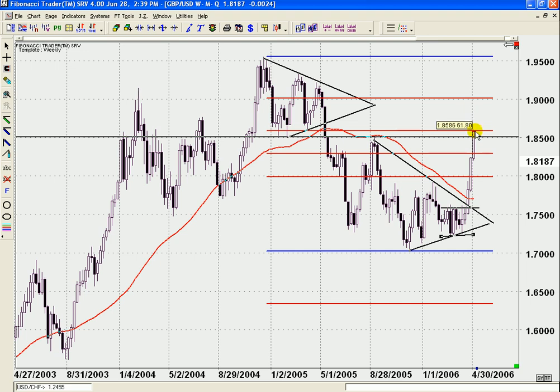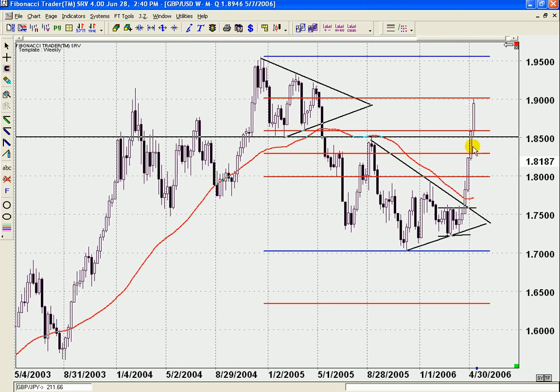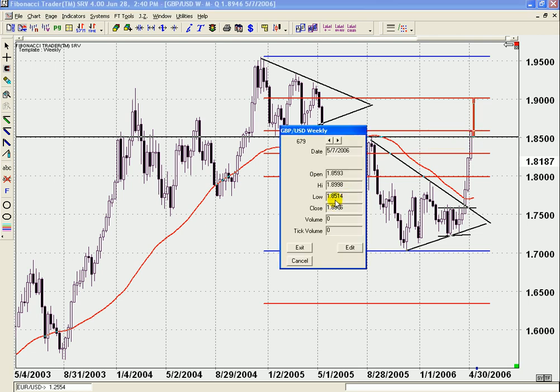If the 62% retracement fails, then we want to watch the 79% retracement level. The next week, it bounces at the 62% retracement quite reasonably, from 8,600 to 8,500 effectively.